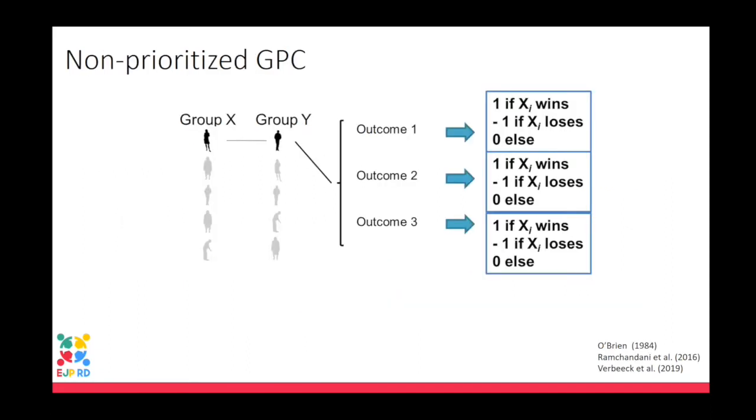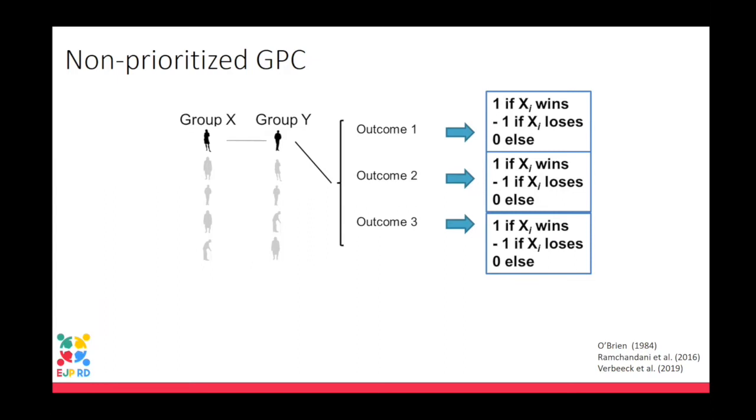Now, I've talked about the prioritized generalized pairwise comparison, where we prioritize the outcomes, but there is also a variant that is not exactly the same way defined, but related, by O'Brien again.